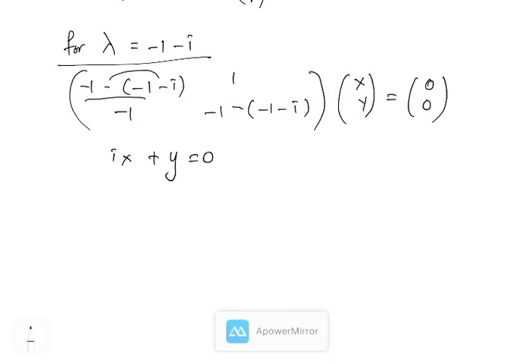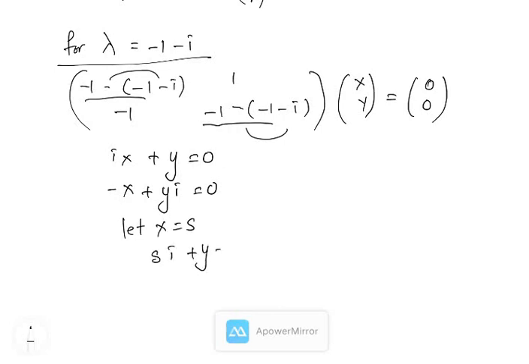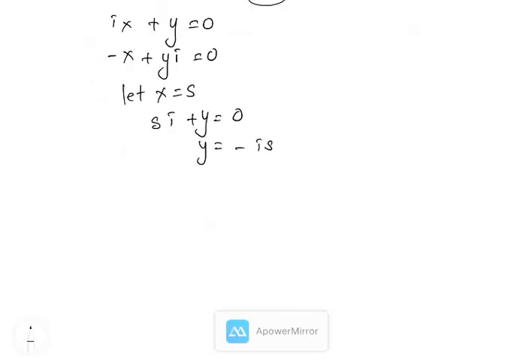And then the second row is negative x plus i y. Negative 1 plus 1 cancels out, so you have positive i y equals 0. And then assume x is equal to s. So i s plus y equals 0, y equals negative i s. So the eigenvector is 1, negative i s.